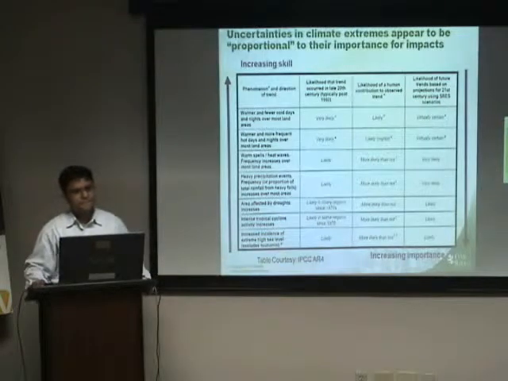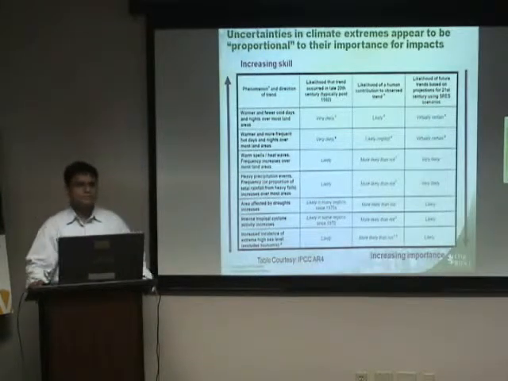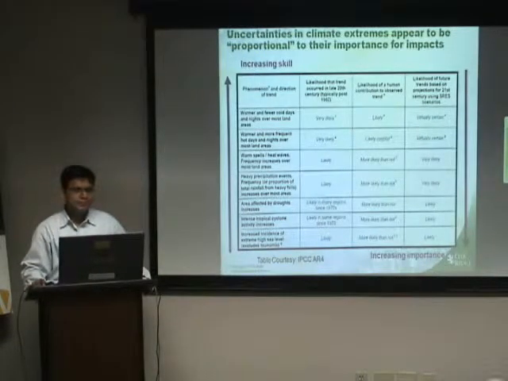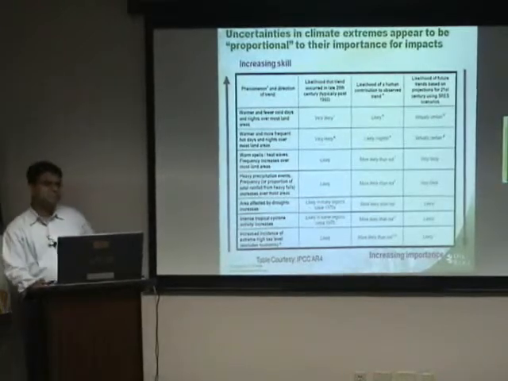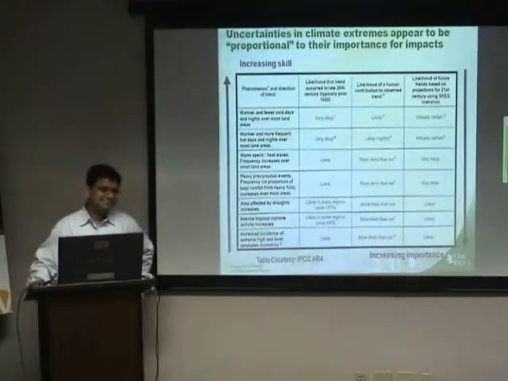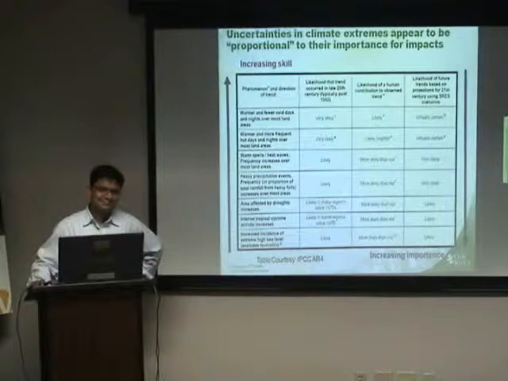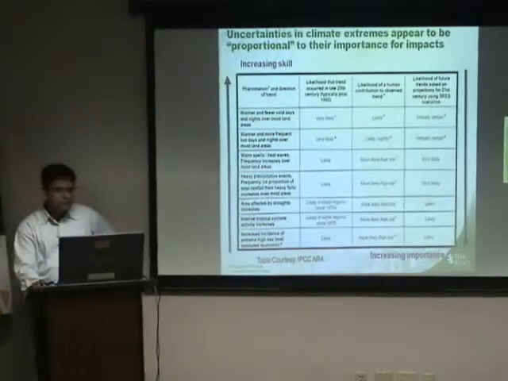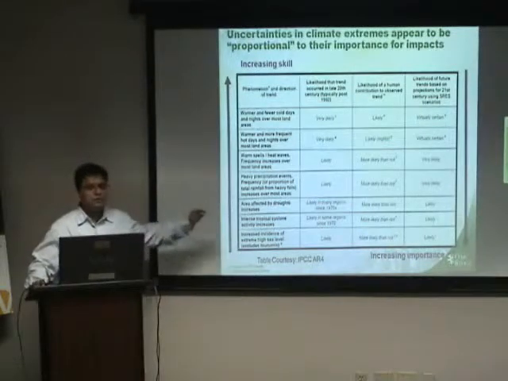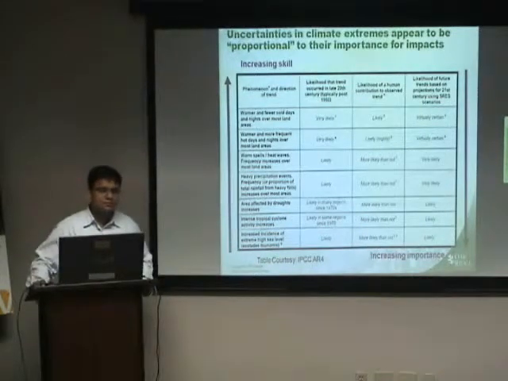Is there a numerical correspondence? Likely means above 66% confidence. Very likely is about 90, above 90. How do they get the assessment of something being 90% likely? There's a fair amount of subjectivity, but it's based on the literature, so you have to look at each one of them and try to understand how they got that.